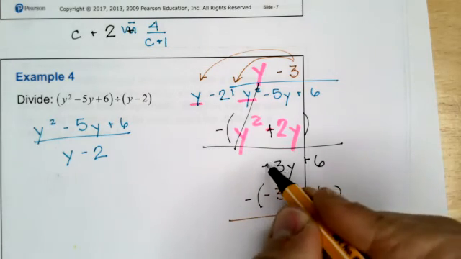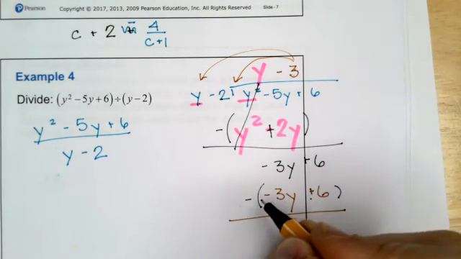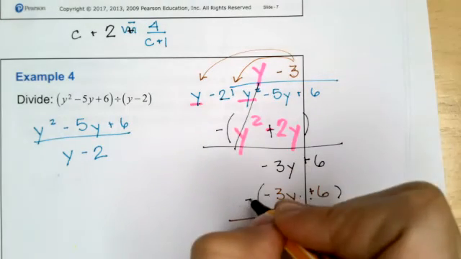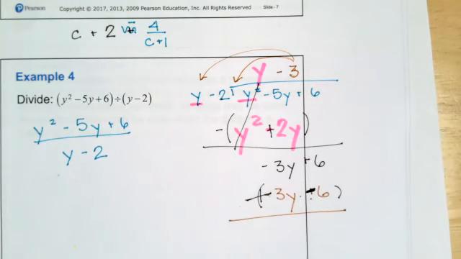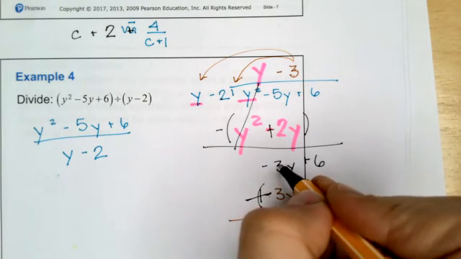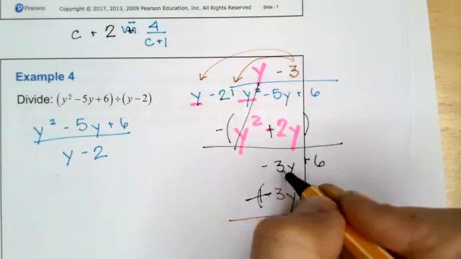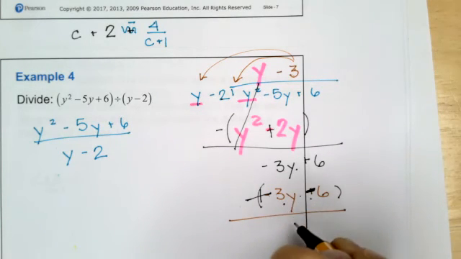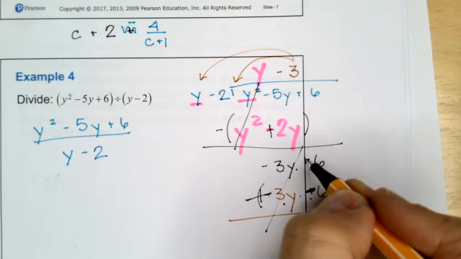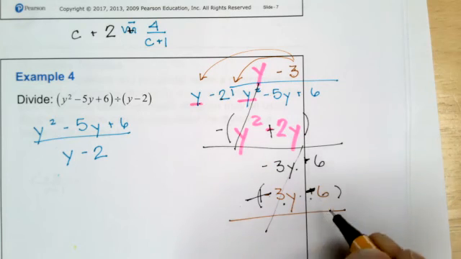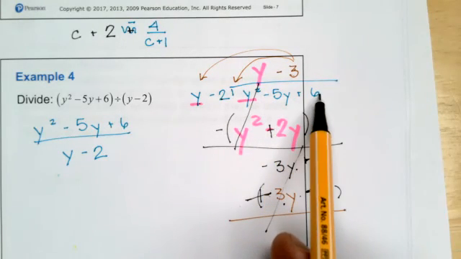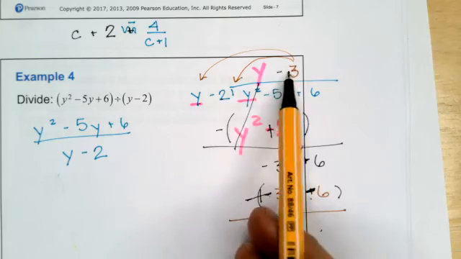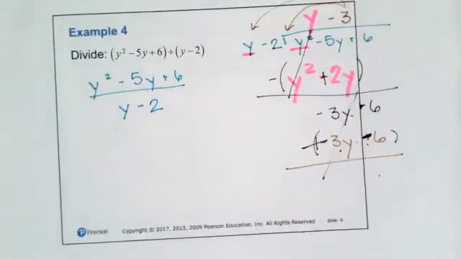Okay, so negative 3y minus a negative 3y means negative 3y plus 3y, and that becomes a negative 6, right? So negative and a positive of the same cancel each other out, and then we have a positive 6 minus 6, so that's a 0. So y squared minus 5y plus 6 divided by y minus 2 is y minus 3.